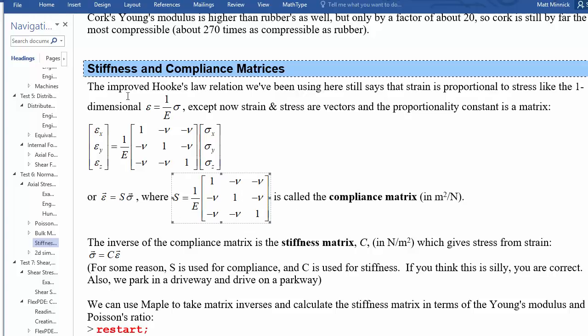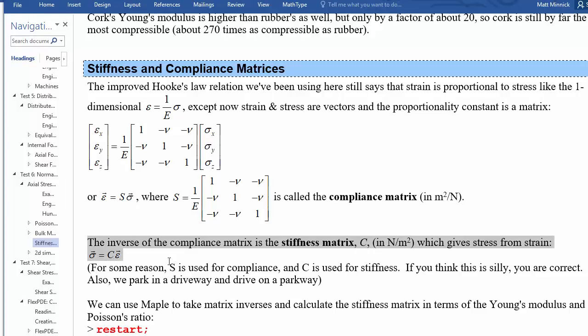If the thing has more compliance, then a certain stress will lead to more strain, and that kind of makes sense. So the stress times the amount of compliance it has will give you the strain. Inversely, the strain times the amount of stiffness it has will tell you how much stress needed to be applied. So the stress is equal to the stiffness times the strain.